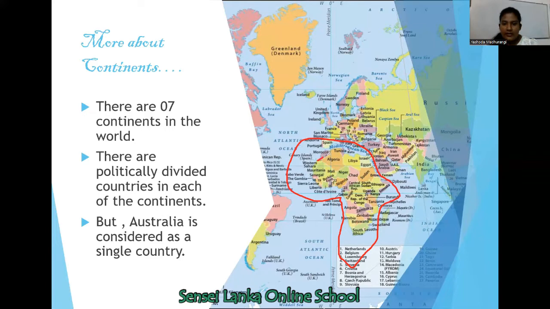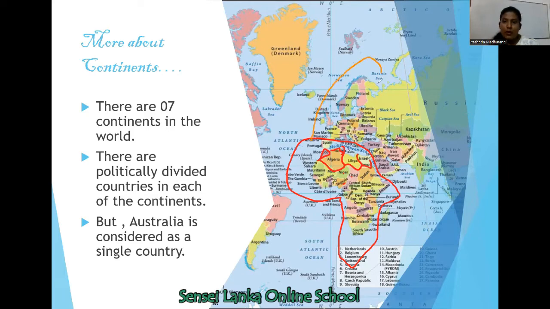It is divided into several countries. Morocco, Algeria, Tunisia, Libya, then Egypt, Sudan, Chad, Niger, Nigeria. In the same continent, there are a lot of countries. So do the others also.